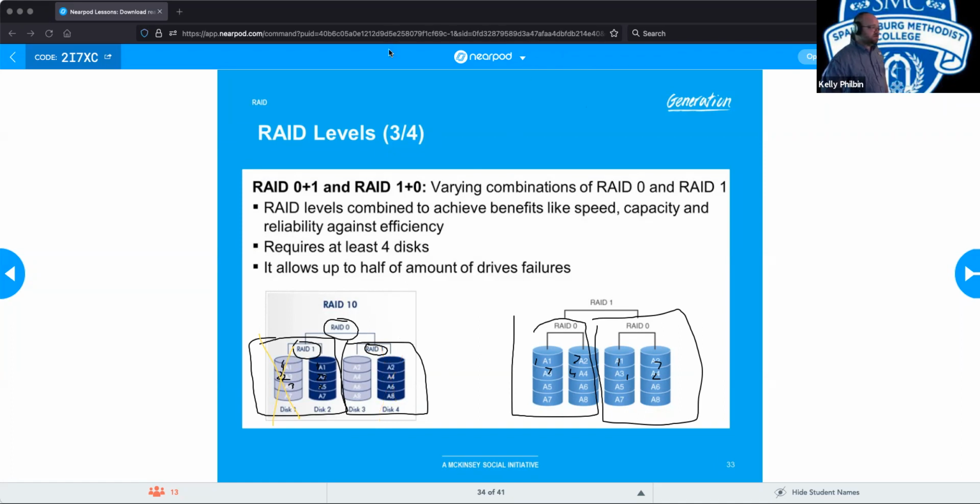If, however, I lose disks 1 and 2, I've lost all my data. That's what they mean by up to half of your drives. So it is very specific as to which drives you can lose and still be okay.